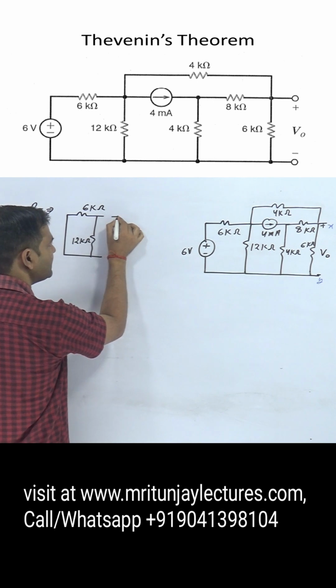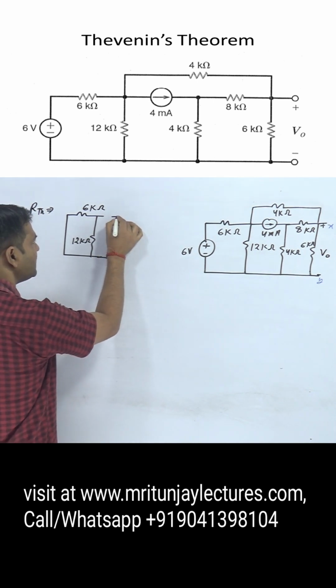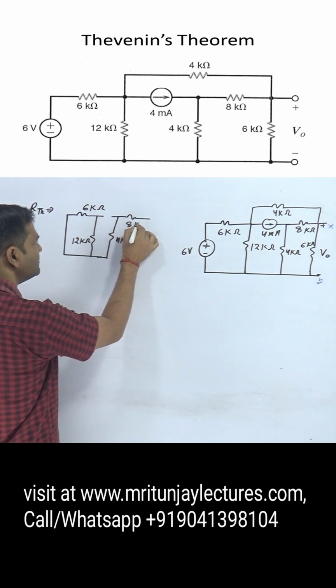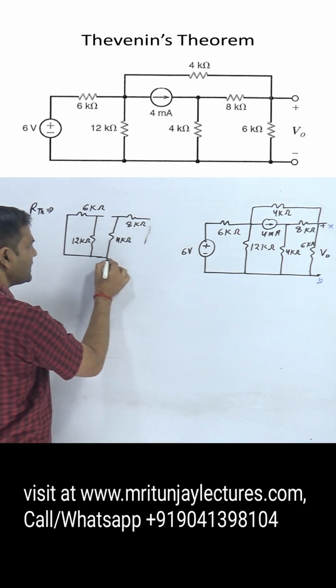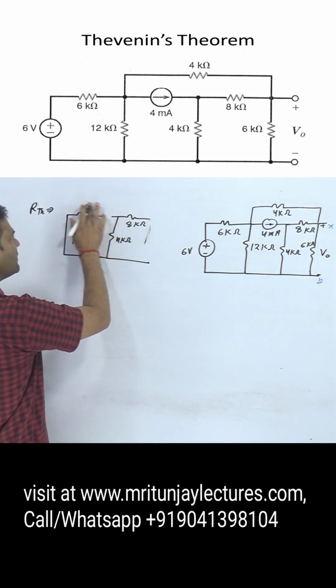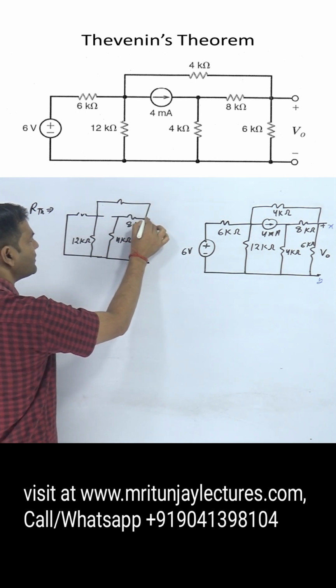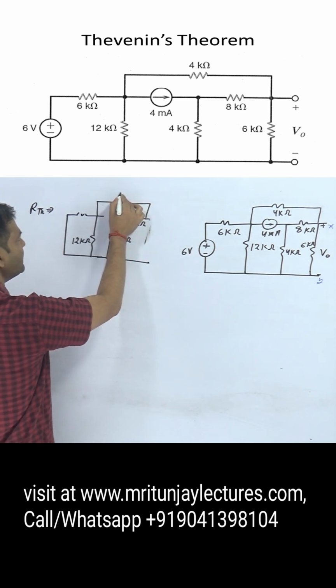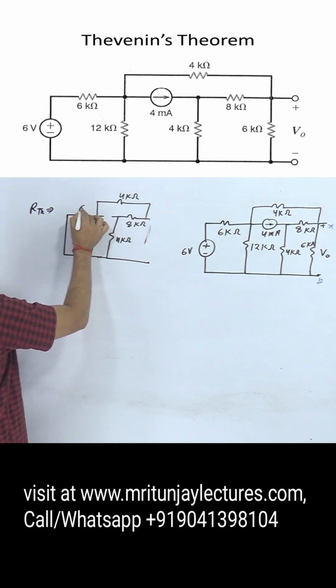Here open circuit, and that is 4 kilo ohm, and here 8 kilo ohm, and that is 4 kilo ohm, and here this one is 6 kilo ohm.